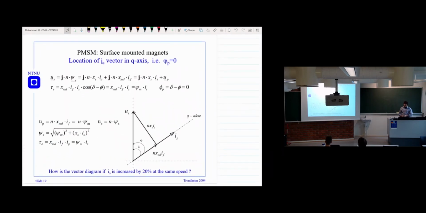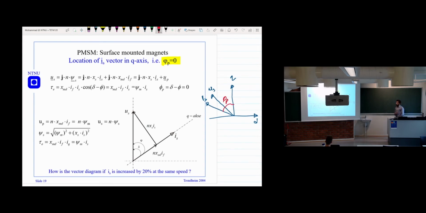And this control is called PP control, PP equals 0. It is this angle here. And if you remember, what is this angle? If you look again at the phasor diagram, we have the q-axis, and we have the d-axis, and we have this US, and we have this IS, and this is the angle here, PP.